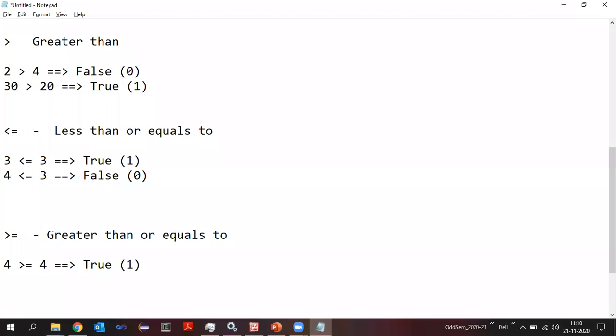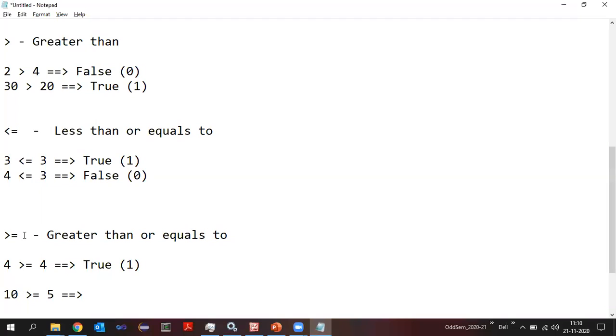Then the other example, 10 greater than or equal to 5. Look again: 10 greater than or equal to 5.